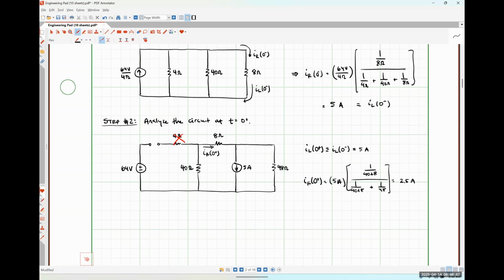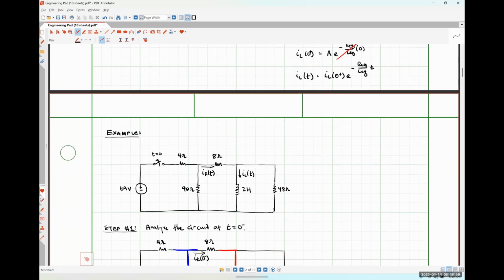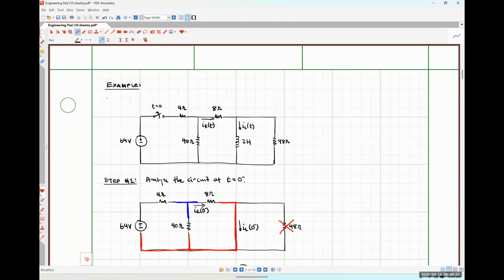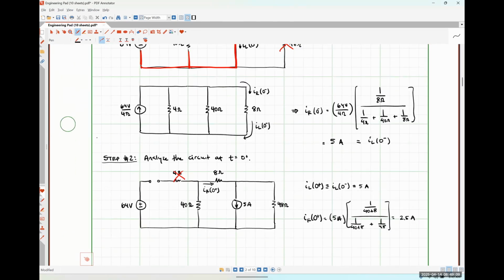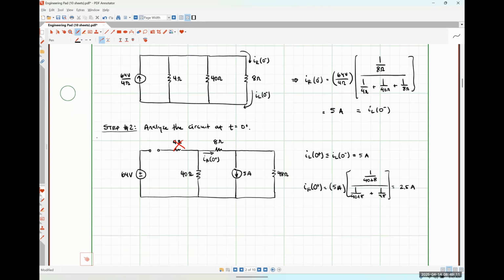All right. Yes. So the voltage source is disconnected. If we look back at our original circuit, we're told that at T is equal to 0, that switch is opening up, disconnecting the voltage source. So the 64 volt source isn't connected to anything to be able to do anything.